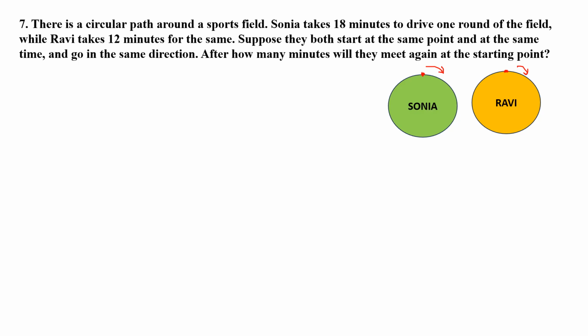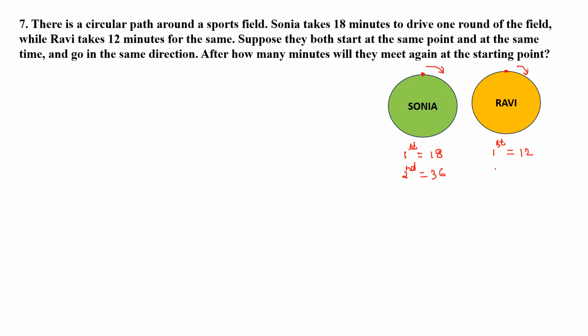Now it is given that Sonia takes 18 minutes to finish one round, Ravi takes 12 minutes, isn't it? So for the first round, Sonia takes 18 minutes and Ravi takes 12 minutes. Fine. Now if Sonia takes two rounds, then the total time taken will be 36 minutes, double of 18.